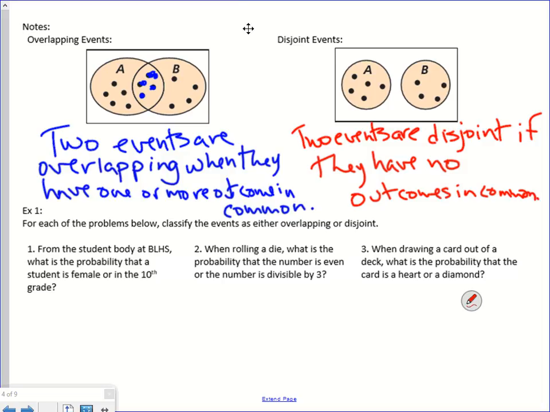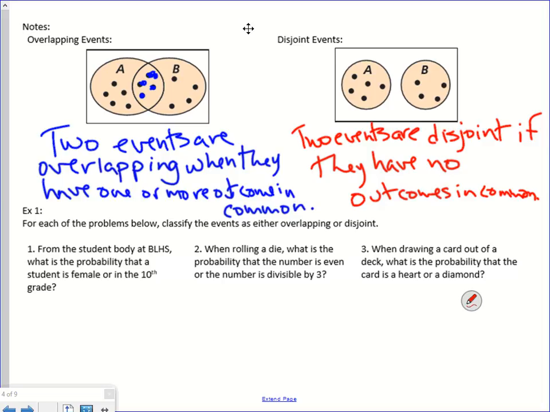So let's say event A is rolling an odd number, event B is rolling an even number, and we're talking about rolling a die. There's no crossover between those things. You either roll an odd number or an even number. You can't roll a number that's going to be both.